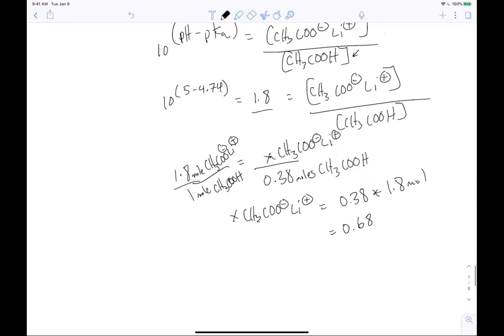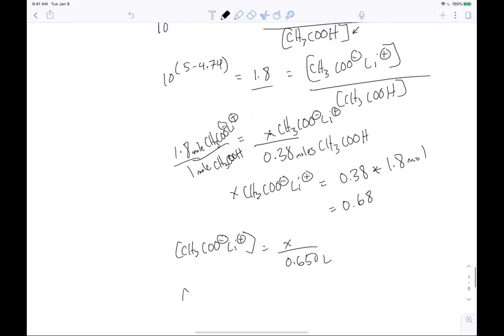So it's like, if you think about it like this, this is going to be equal to some amount of moles in 0.65 liters. And then the concentration of acetic acid is also going to be equal to 0.38 moles per 0.65 liters.